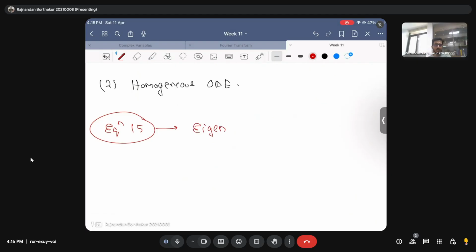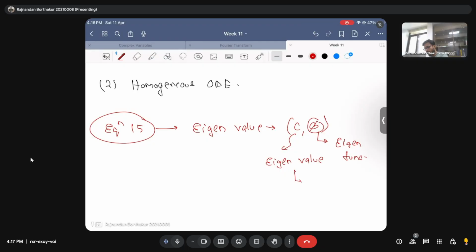The governing equation is homogeneous, and we will see that the boundary conditions are also homogeneous, which means it's a typical eigenvalue problem. The eigenvalue that we are trying to solve for is C, remember, and the corresponding eigenfunction is phi. C, remember, is the growth rate, and phi is the eigenfunction.